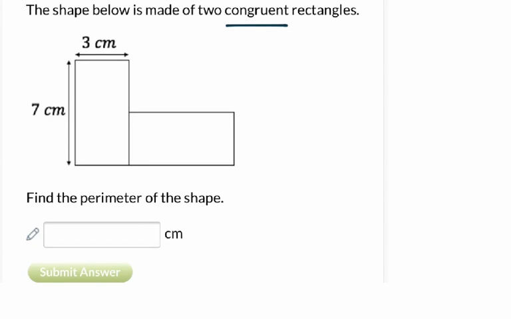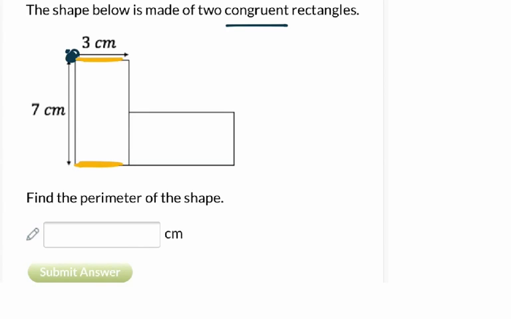Okay, so I'm going to put a blob here, and I am going to start walking from this blob here all the way around the outside. Before I do that though, I'm going to identify the lengths of the missing sides. So I know the rectangle here has got a width of 3, which means that's 3 as well.